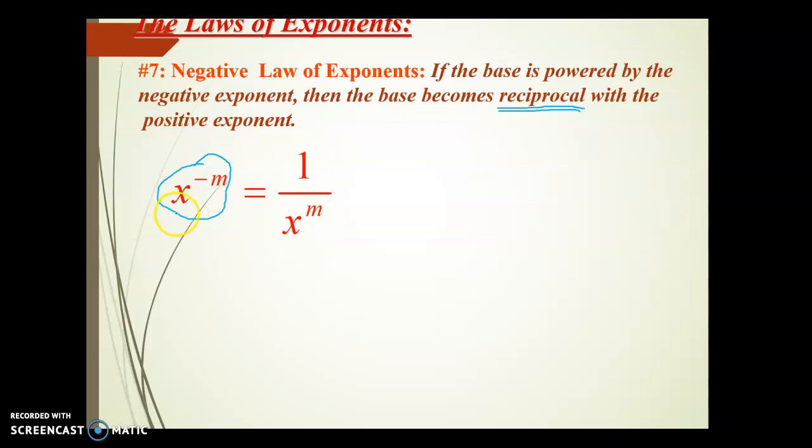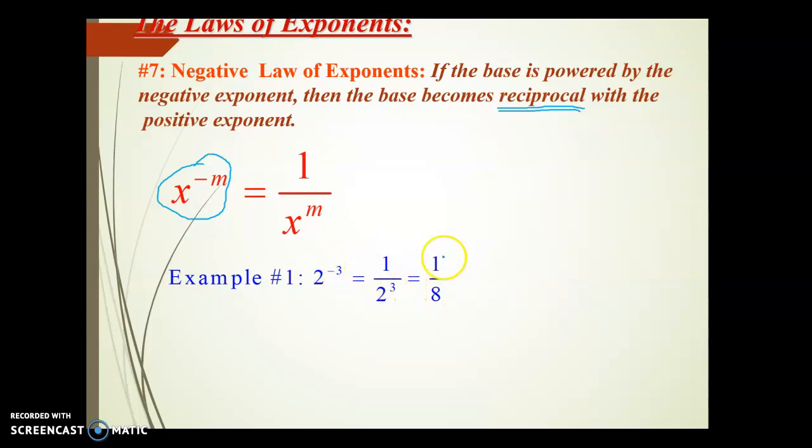Let's put it in simpler terms. So from negative, here it is in the numerator, but what happened on the other side of the equal sign? The numerator is already 1, and then x to the power m. But take note, the sign of m is positive. So for example, 2 raised to negative 3 is equal to 1 over 2 cubed.